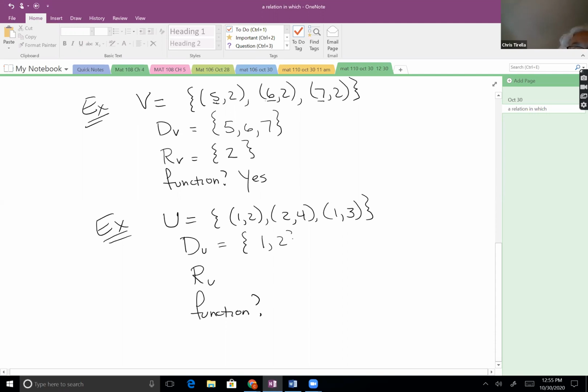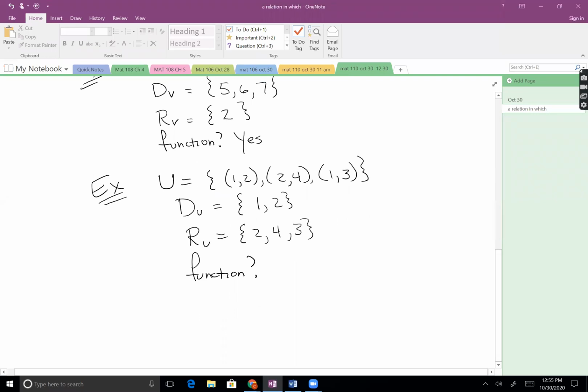So we'll just write the set 1, 2. The range, the second members, would be 2, 4, 3. But now, is this one a function? No. Does everybody see that 1 is paired twice? And so that's what makes it not a function. So far, so good? Yep.